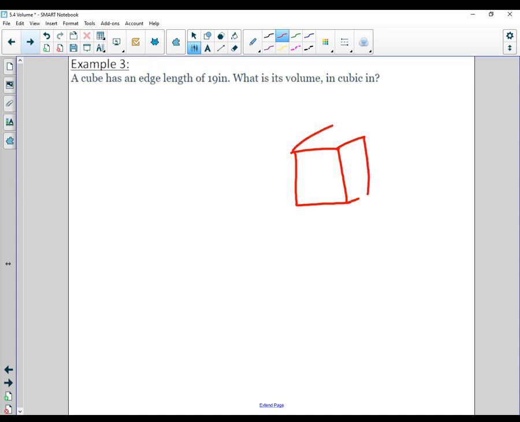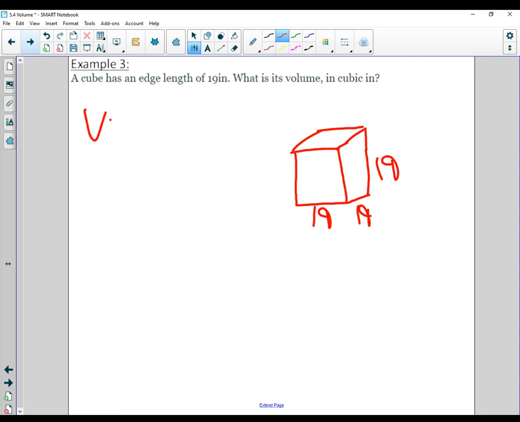All sides are the same size. Yeah, that's a horrible sketch, but all sides are the same size, right? So if one side is 19, then so are all the others.